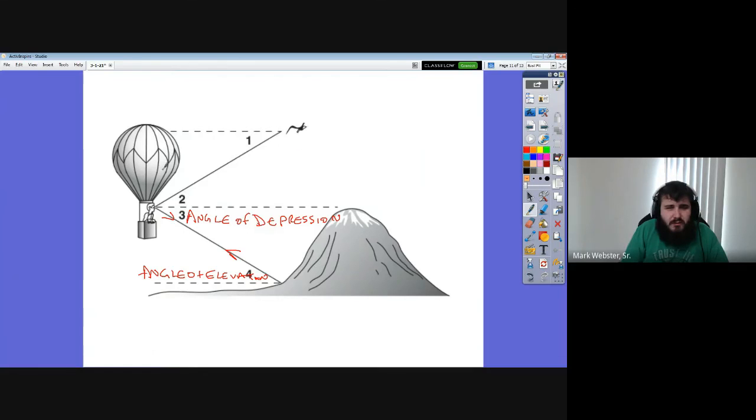I don't know. So the guy looking up here at Superman, angle 2, angle 2 is an angle of elevation because the guy in the balloon here is looking upward. Likewise, here's Superman up here. He is looking downwards. So this is an angle of depression.